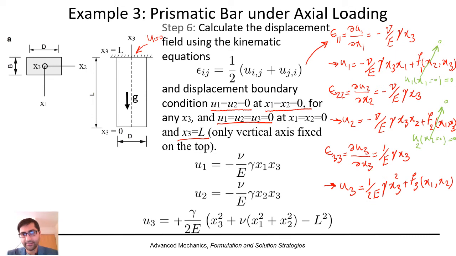Knowing that at x3 equal to L, u3 becomes 0. So basically 1 divided by 2 e gamma L3 to the power of 2 should be equal to minus f3 as a function of x1 and x2.